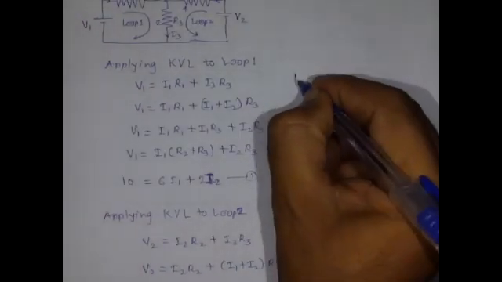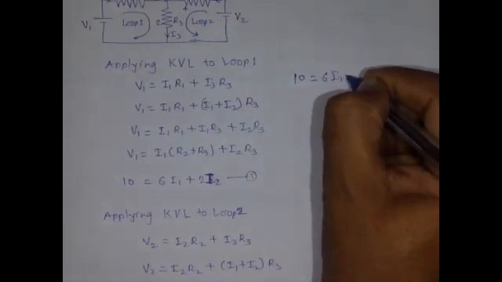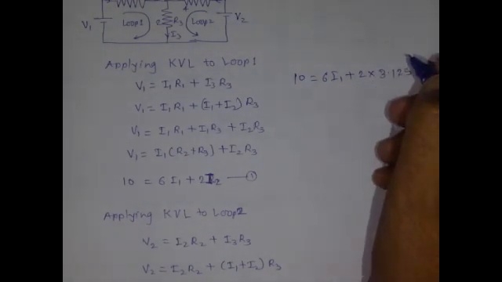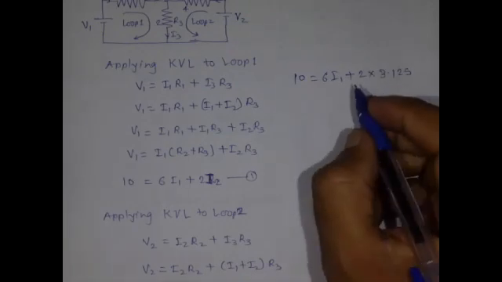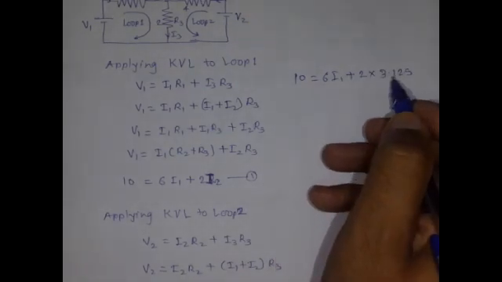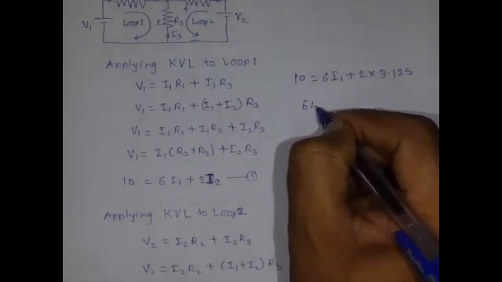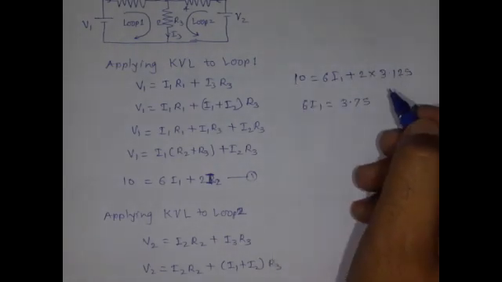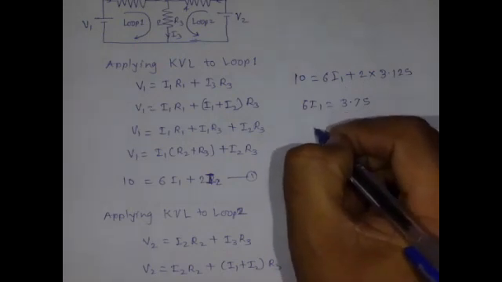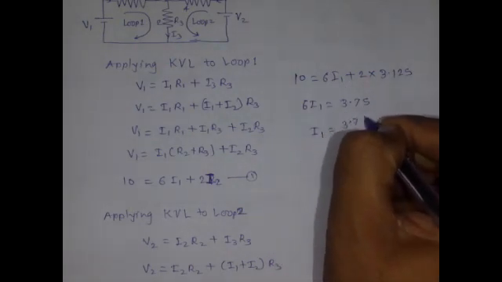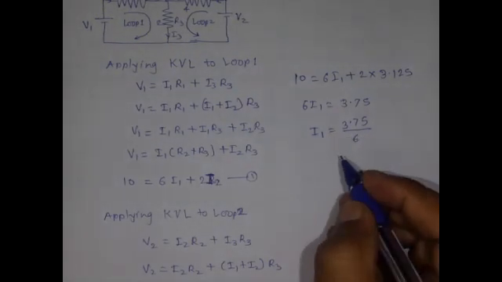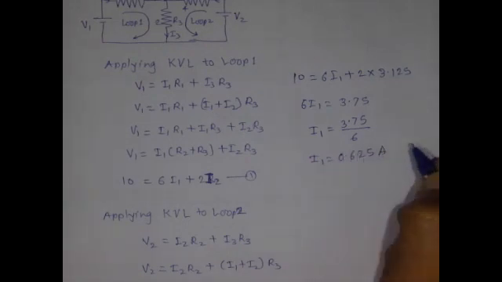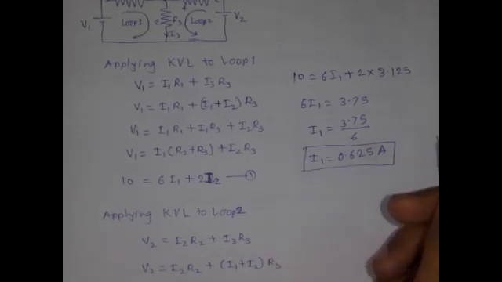Here I write 10 equals 6I1 plus 2 into 3.125, and that becomes 6I1 equals 3.75. Taking this quantity to the right side, 3.75 divided by 6, its value is I1 equals 0.625 ampere. Here we have got the value of I1.